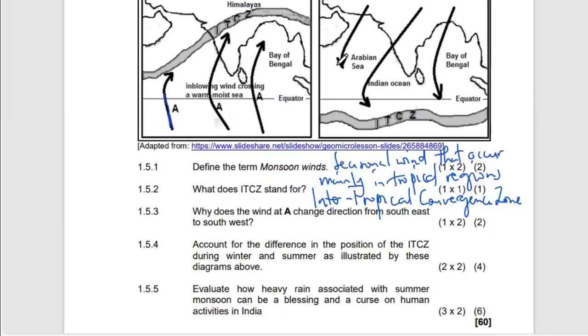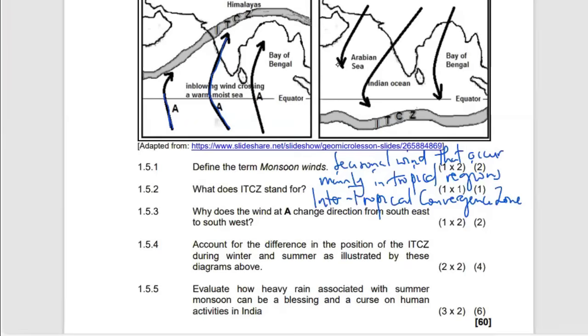Why does the wind change direction in that given way? Like we are seeing here, it's changing direction. Why is that happening? That's the question. We need to account for the change in direction for that particular wind.